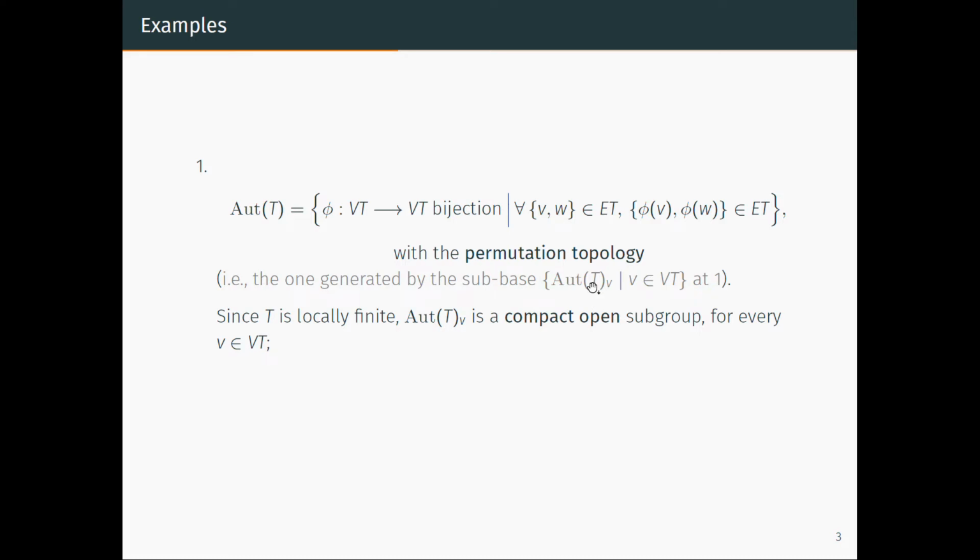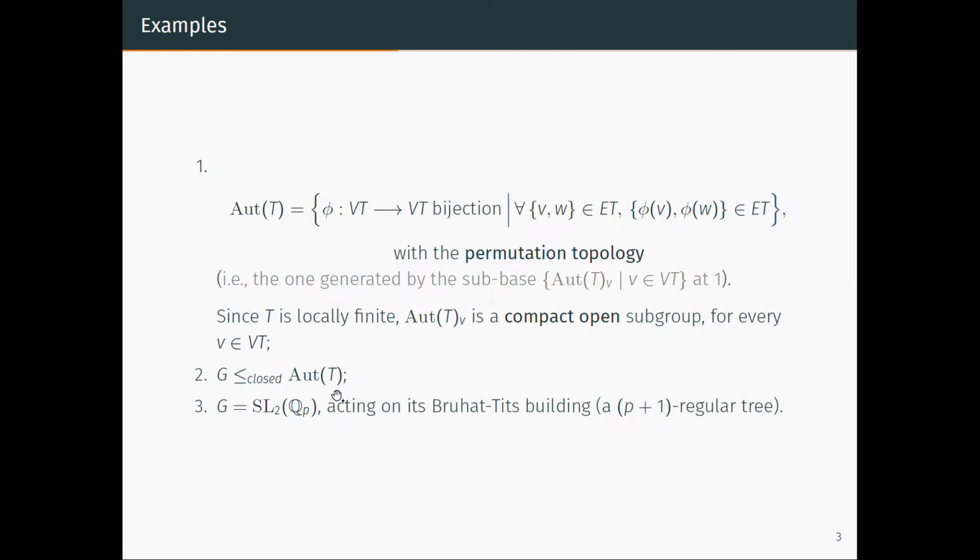These vertex stabilizers are clearly open, but they are also compact because our tree is locally finite. More generally, we can consider closed subgroups of Aut(T) as possible examples. Another famous example is SL2(Qp) acting on its Bruhat-Tits building, that is a (p+1)-regular tree, and vertex stabilizers are, up to conjugation and up to isomorphism, SL2(Zp), so compact and open.